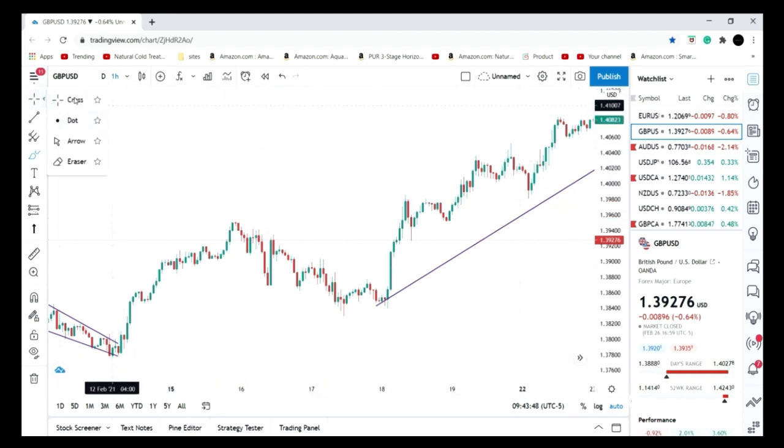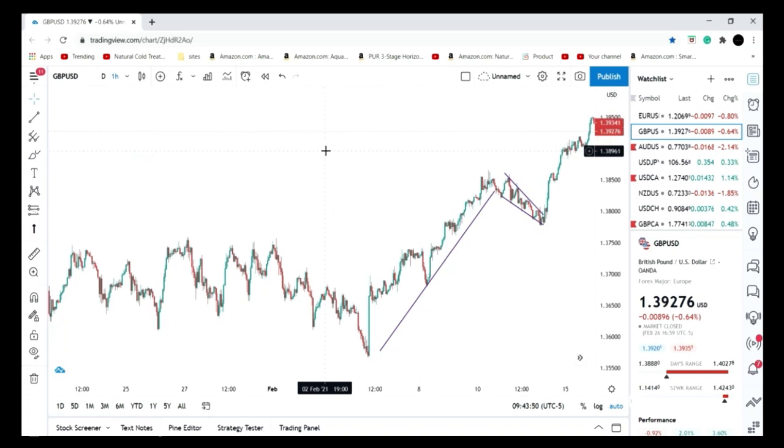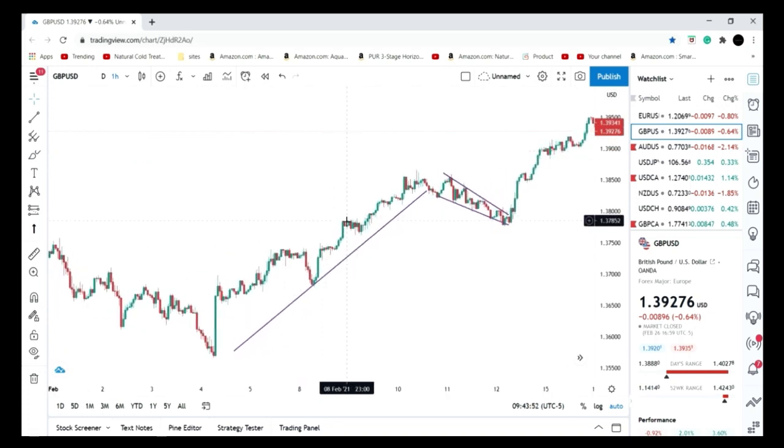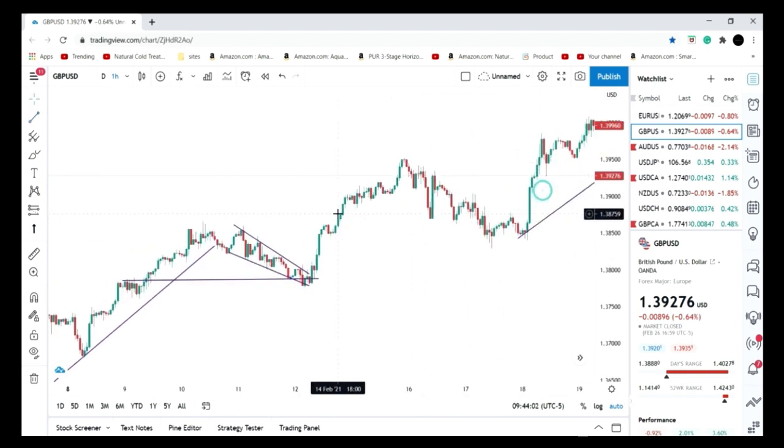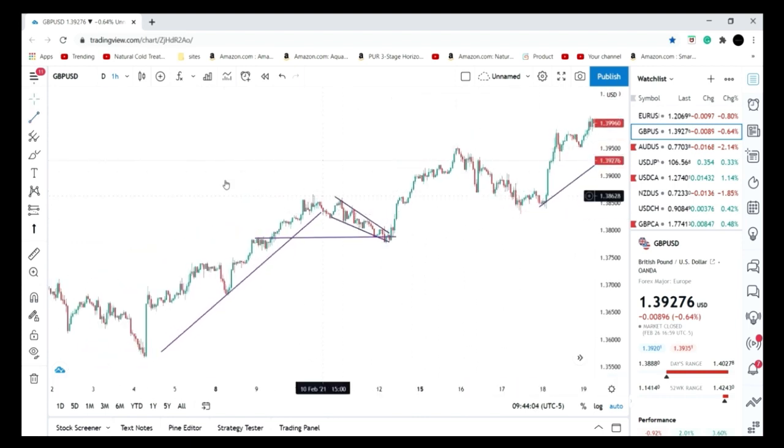So the way I will look at this is I will say, okay, you see how we had this nice consolidation break right here? It pulled right back to that level right here, okay? And it caught support around here. This one right here, actually, we found support around here, right?